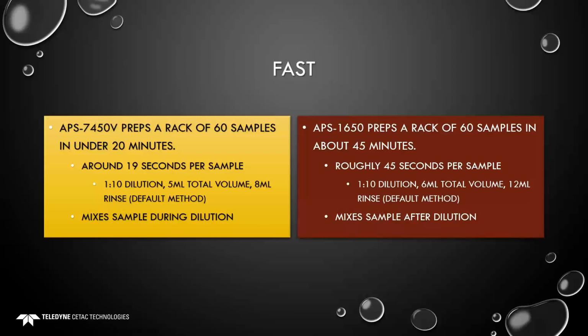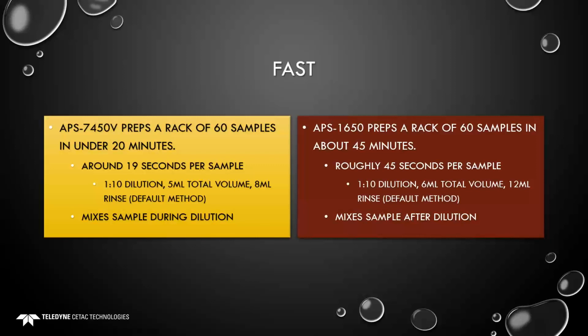The APS 7450V has a single syringe and a single probe, and with that, it can prepare a rack of 60 samples in under 20 minutes. That's around 19 seconds per sample for a 1 to 10 dilution at 5 mL total volume, 8 mL rinse. And that includes sample mixing as part of the dilution step.